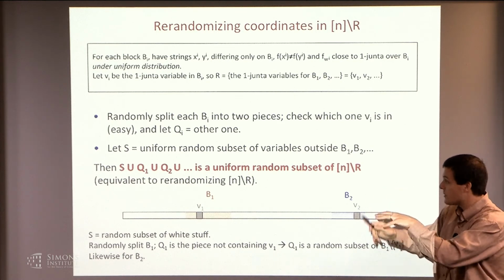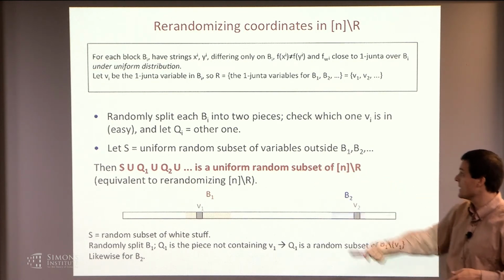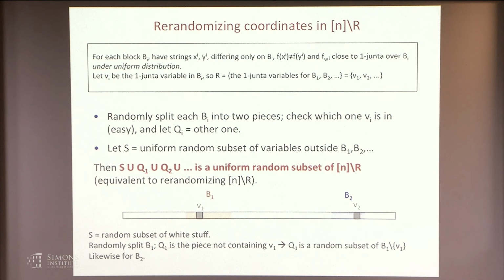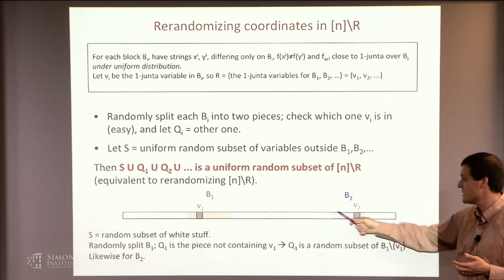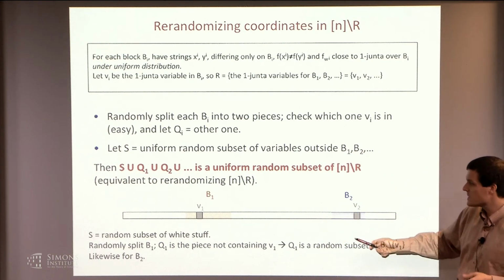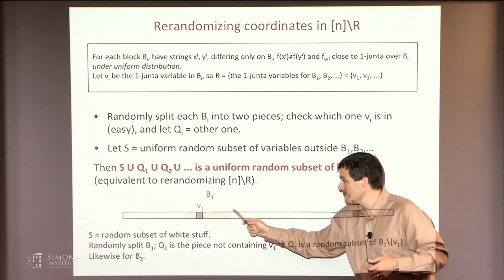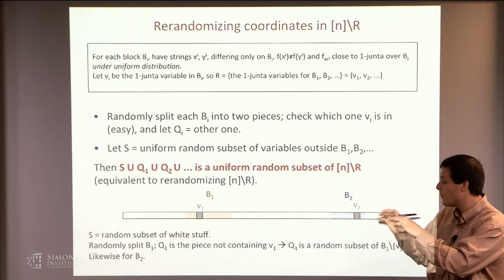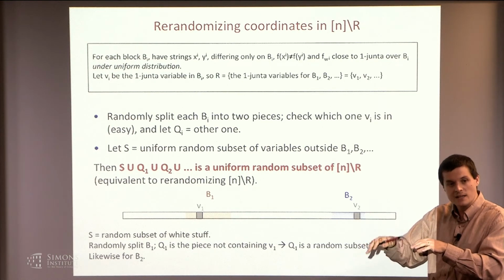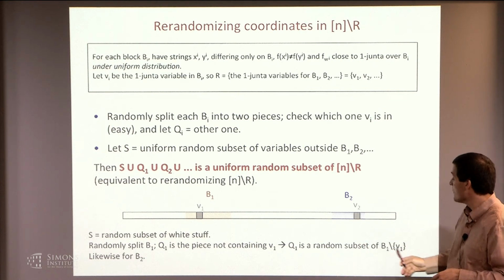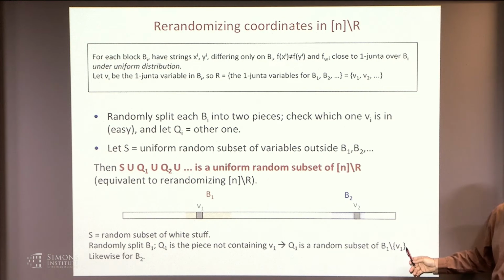And if I just put together this information along with a uniform random subset of the rest of the stuff, I'll get a uniform random subset of everything but v1 and v2. Right? So why? Well, if I take a uniform random subset of everything that's not in the block, it's a random subset of the white stuff. Let's think about the first block. If I randomly split b1 into two pieces, and I can figure out which of those pieces doesn't have v1, and I take it, well, that's exactly a uniform random subset of everything in block 1 except for variable 1.